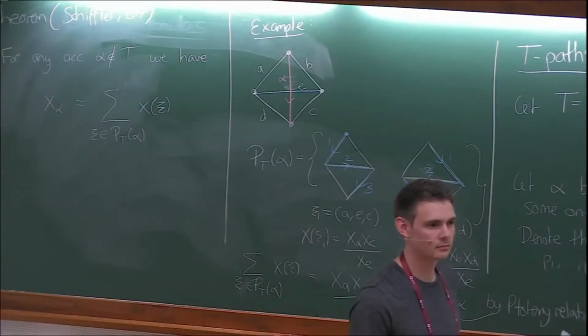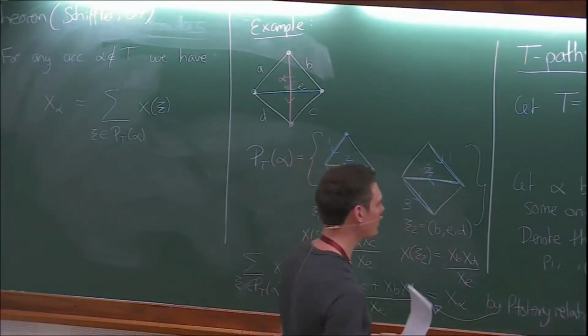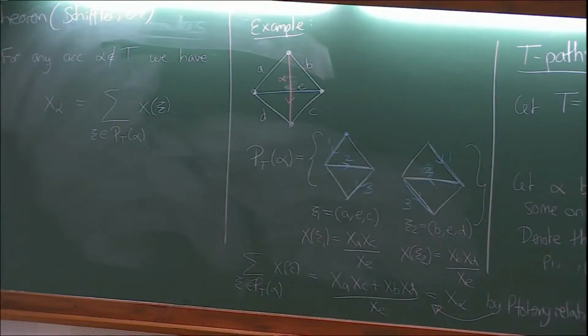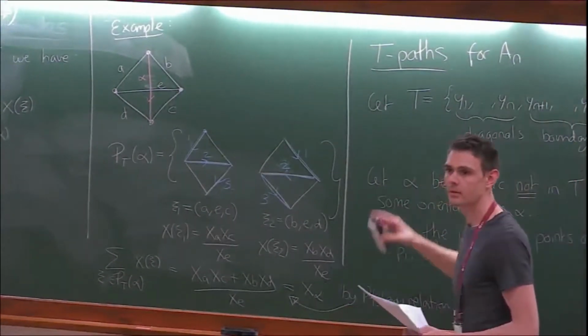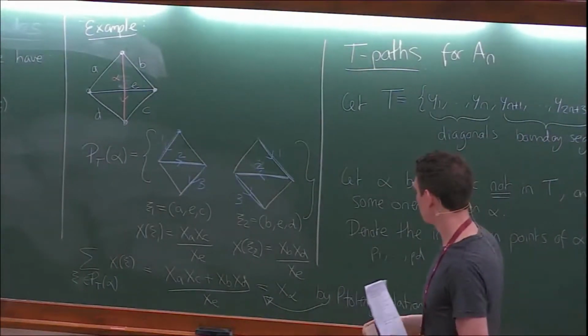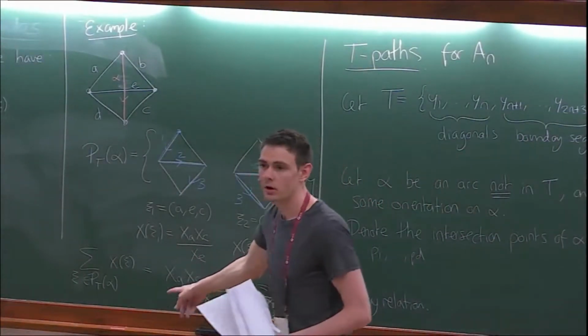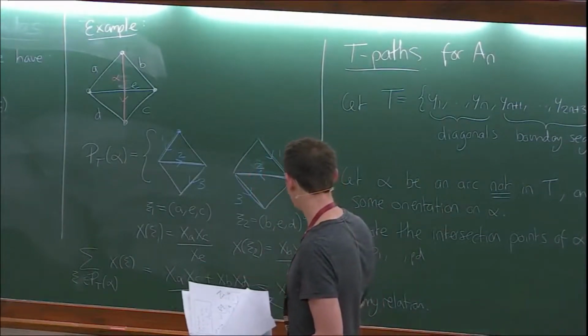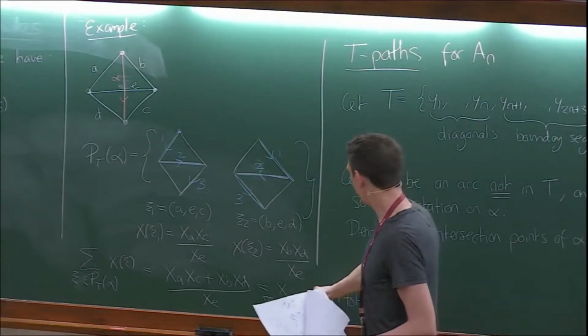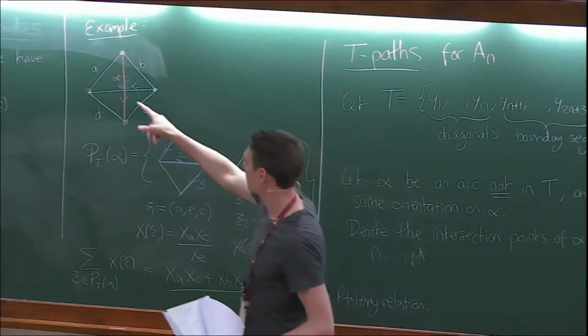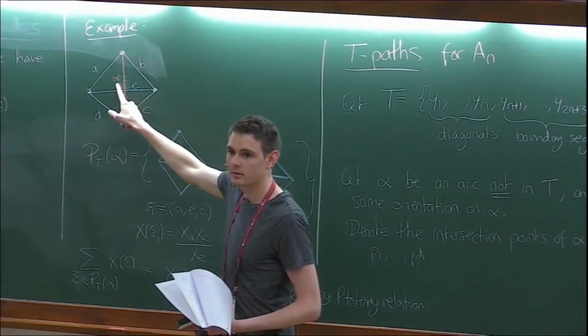Oh, yeah, I mean, if you had the orientation of the arrow reversed, it's easy, you just read the t-path from back to front, and then you'd get the same thing, right? Sorry, what's going on? X alpha. This is X alpha. Oh, this is just the cluster variable corresponding to the arc alpha. Right.